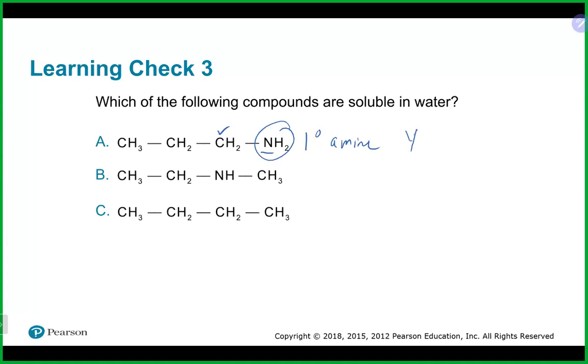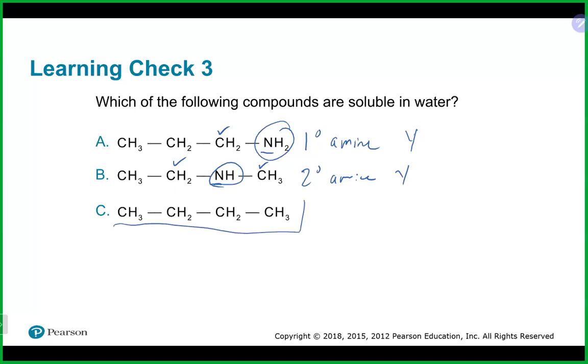It's definitely less than 6 carbons, so you're not going to run into any issues. Coming to the next one, this is also an amine. It has a 1 and 2 carbon there, so that is a secondary amine. It also has the ability to hydrogen bond and should be soluble in water, also less than 6 carbons.